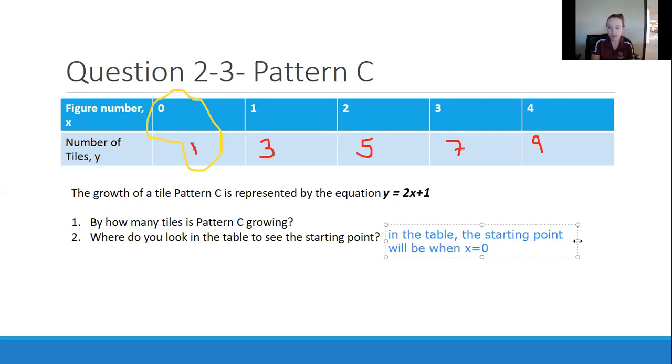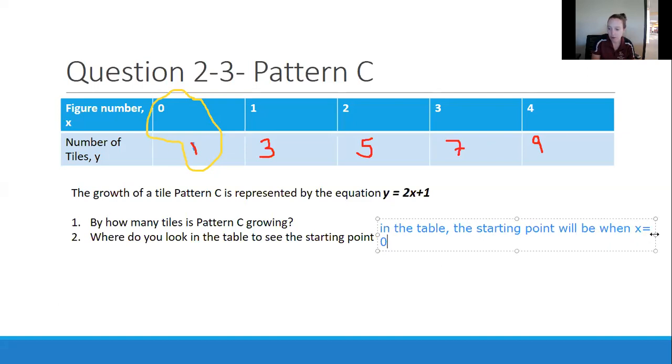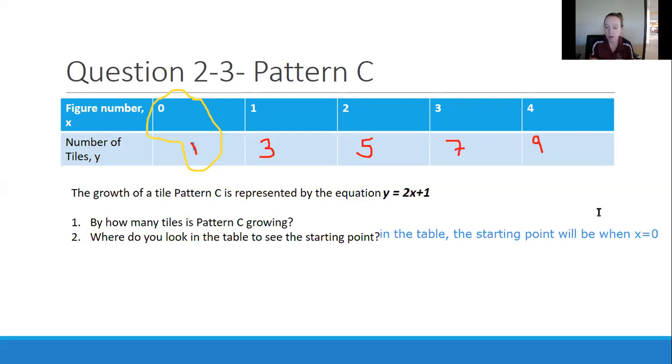Okay, make sure you pause the video here and see if you can finish these notes up to this point. Make sure you have both question 1 and 2 in your notes. So when you finish your table, the pattern is growing by +2. And where do you look in the table? You look when x is equal to 0.